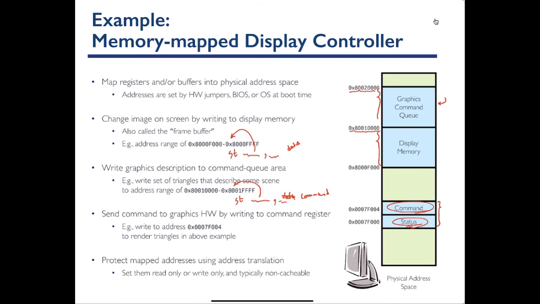And if you remember, when we were talking about access control, I talked about this particular access control, which was write only. So no execute, no read, but just write. Here you can see it could be used, for example, for this command register or this command buffer, or this display buffer.